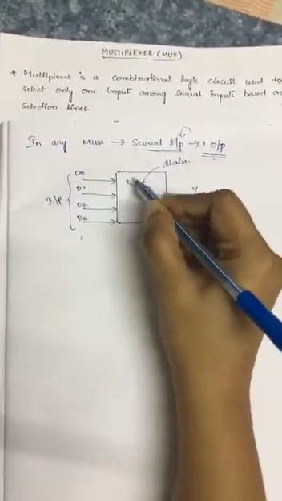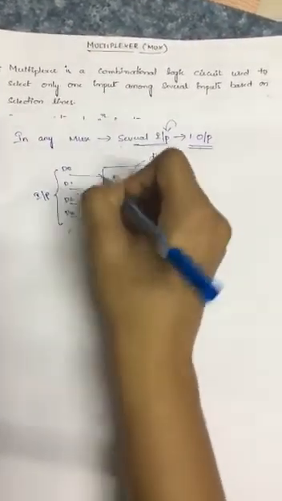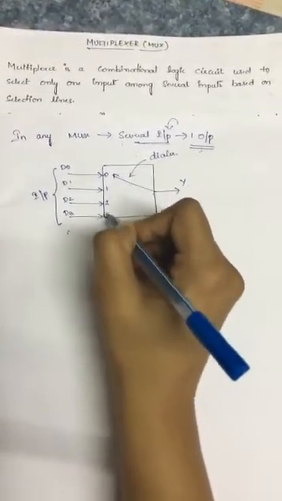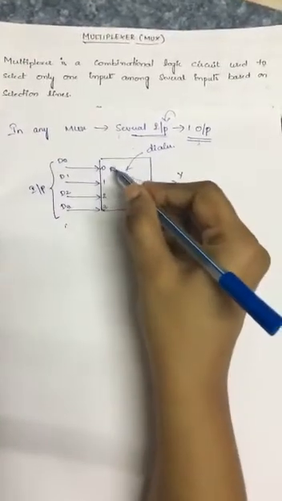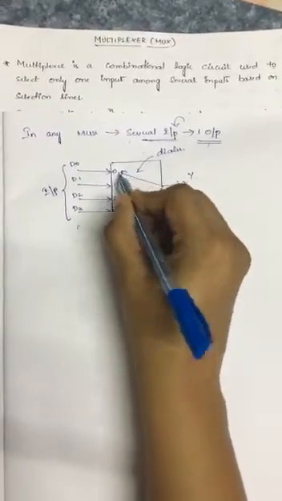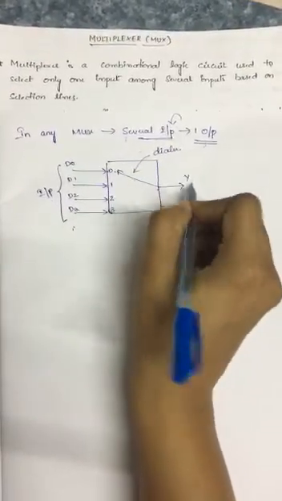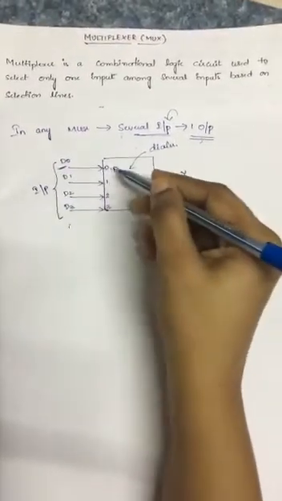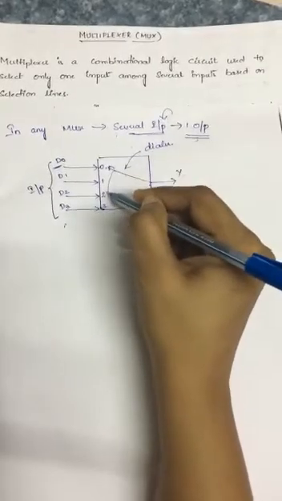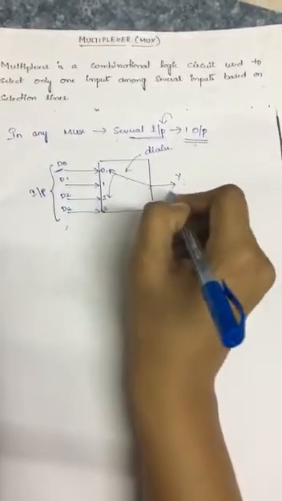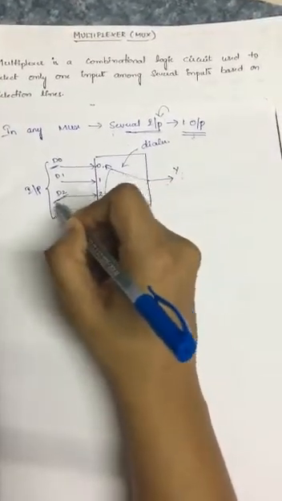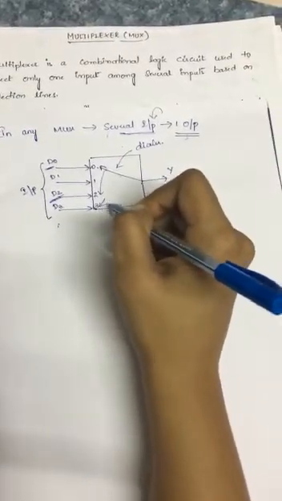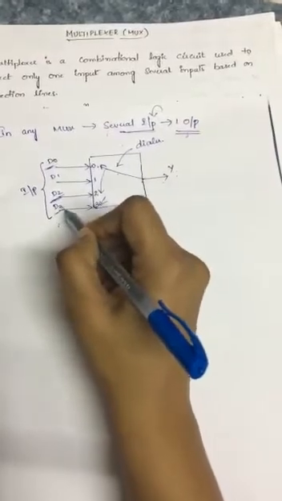If I move this dialer to port 0, the output is going to select D0 as its output. Or if I move my dialer to port 2, the output is going to select D2 as output. Or if I move my dialer to port 3, D3 is going to be my output.